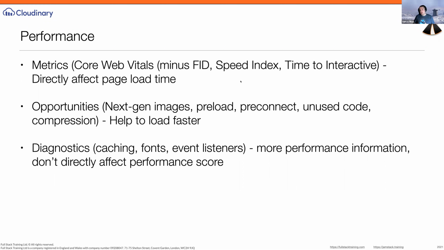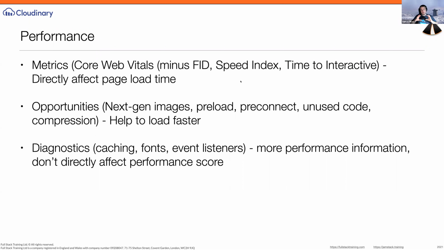However, they may help your site to load faster. These would be things like serve images in a next-gen format, preloading, pre-connecting to various DNSs, eliminate unused CSS and JavaScript code, apply compression on the server side to your resources, and that type of stuff.